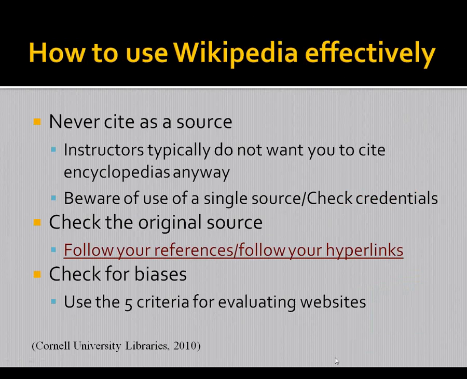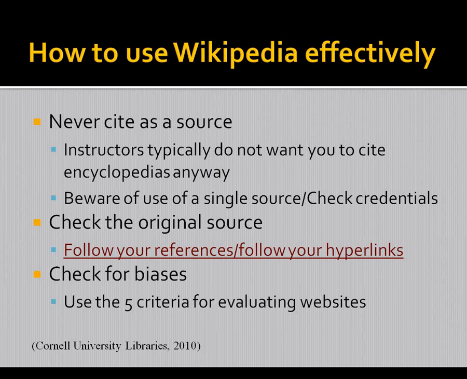Now, I think there is a way to look into Wikipedia and find pertinent information. First of all, never cite it as your source. Beware if you go into Wikipedia and find one with a single source; you want to be careful of that one too. If they have a large amount of different sources that they draw upon to put together that Wikipedia page, that's probably better.